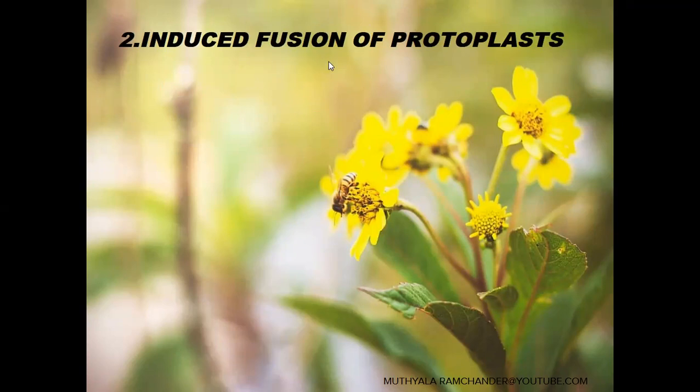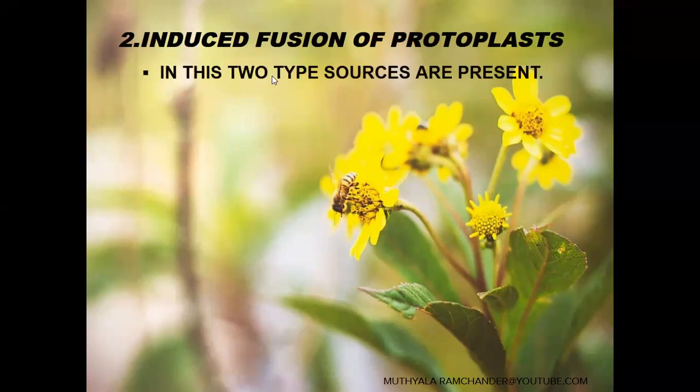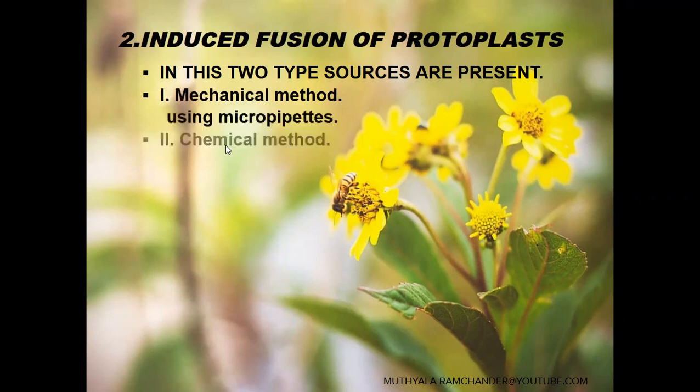In induced fusion of protoplast, we use the chemicals. Two types of sources are present. One is mechanical method, second one is chemical method. In mechanical method, we used pipettes, micro pipettes, and in chemical method, we used chemicals. The chemicals are called fuse agents.